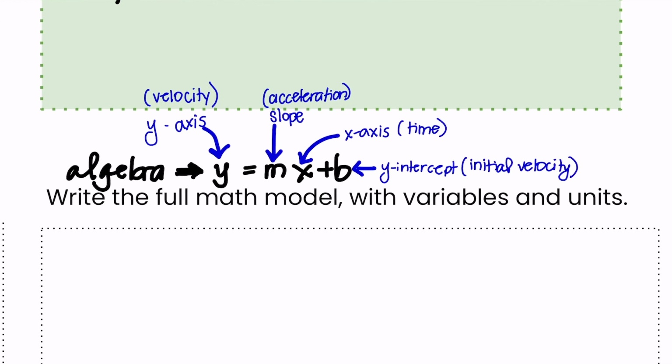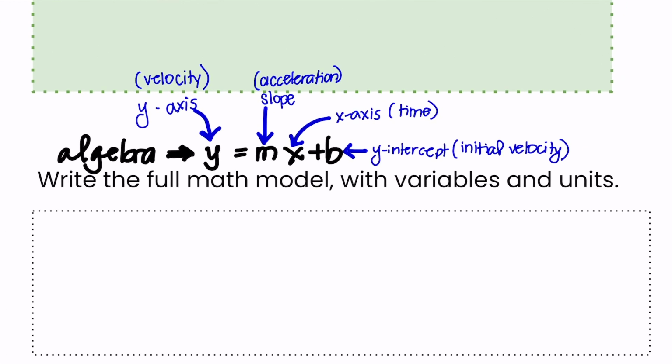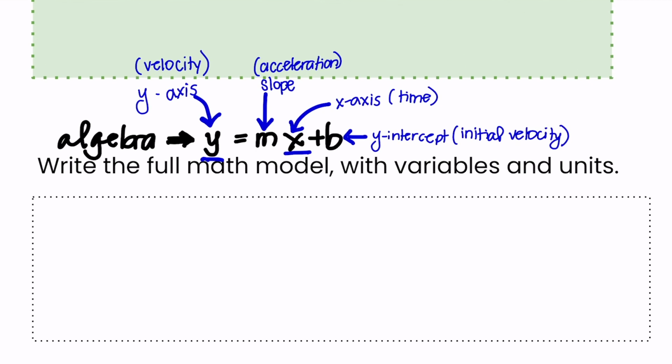All right, so then when we write this out, we are going to keep the y and the x, since that's the one that kind of keeps changing each time, right? So those are our variables. And so our velocity is equal to our acceleration.